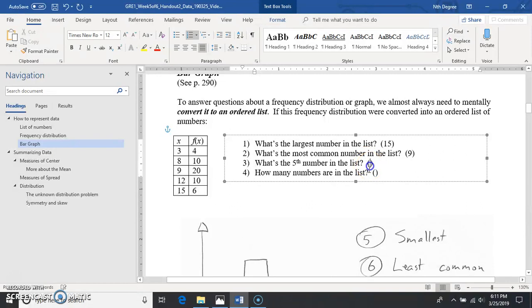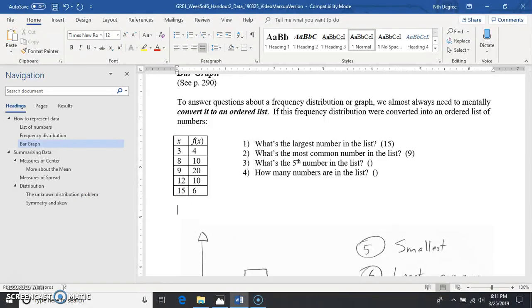What's the fifth number in the list? Very easy to get fooled here. A lot of students would say 1, 2, 3, 4, 5, 15. Nope, it's not that obvious. So let's see, what do these numbers mean again? There are some 3s. How many 3s are there? There are 4 of them.